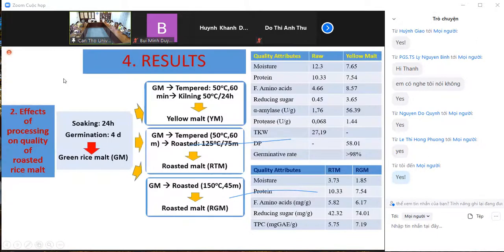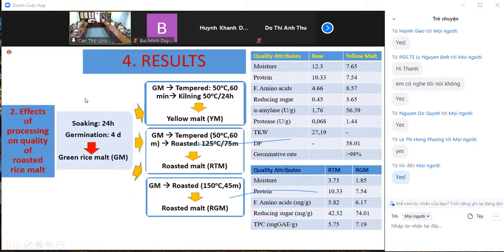The next step, after choosing a suitable variety for malt and beer, we control some of the factors that affect malt making.